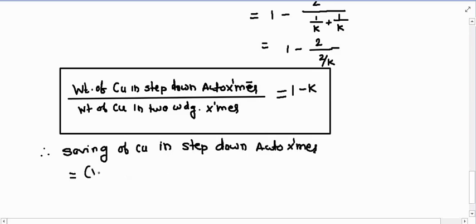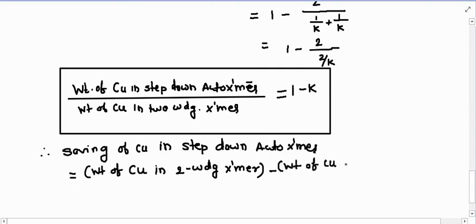equals to weight of copper in two winding transformer minus weight of copper in step down auto transformer.